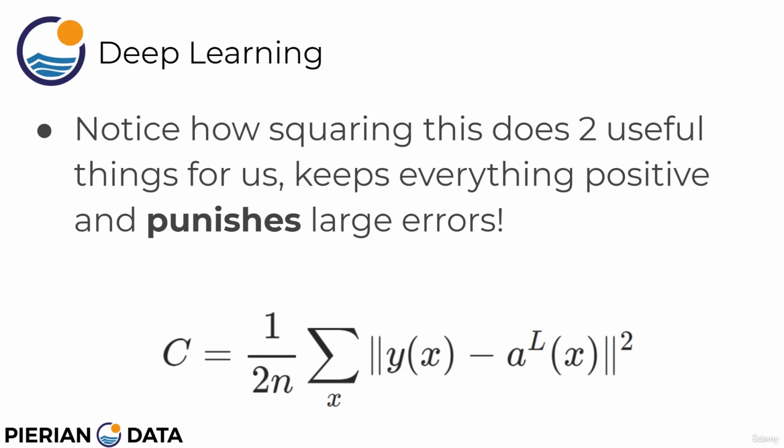It's going to say you're off by 100 instead of just 10. So you're going to really punish your network for being really off on certain points, which is good because you don't want your network to be unable to predict well on even just a few points where it gives you a huge error. You'd rather suffer a little bit on all the other points and not be totally off on those few edge cases. So that really helps punish large errors.